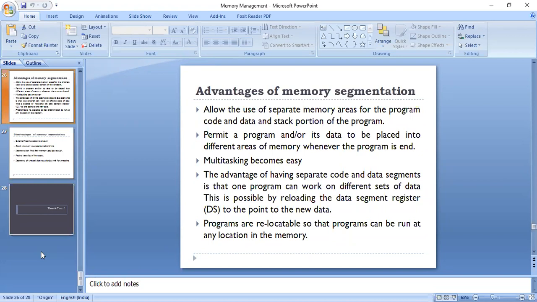It provides protection by not allowing writes to a segment that is read only. And segments can grow dynamically. Segmentation supports virtual memory, and dynamic linking and loading of segments is also possible. And programs are relocatable, as a program can be run at any location in the memory.